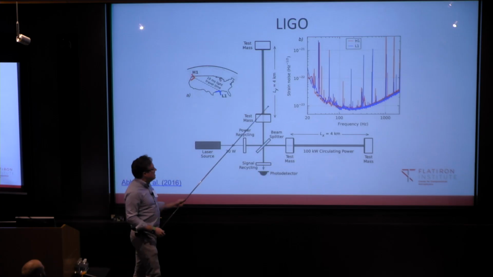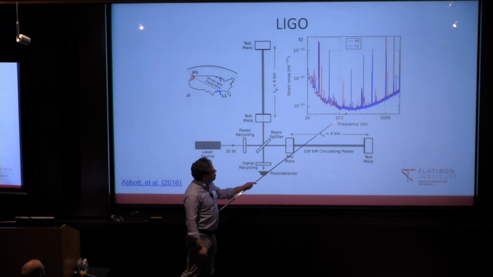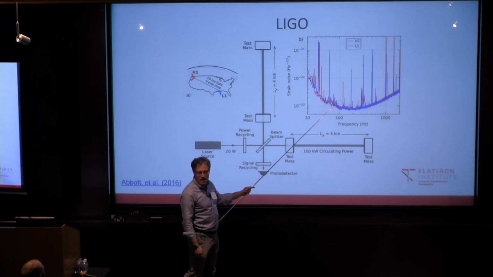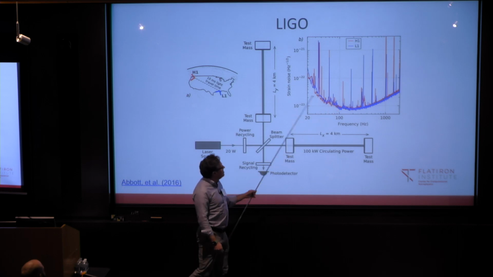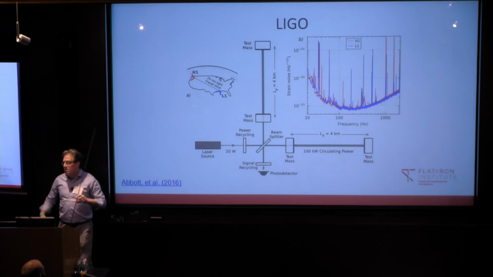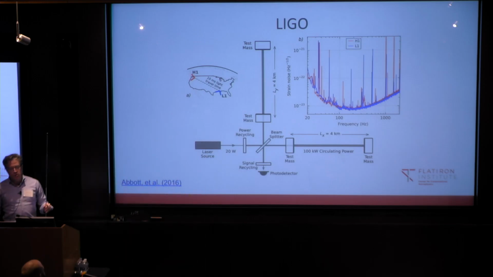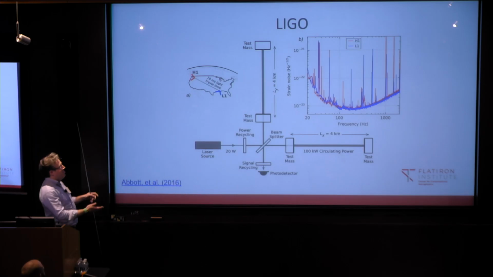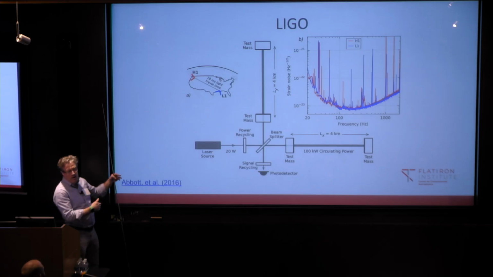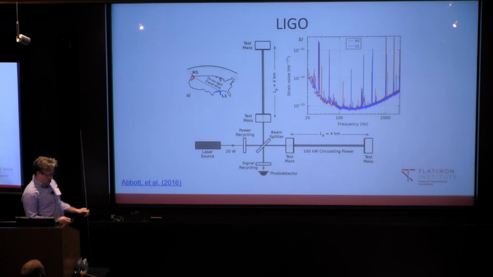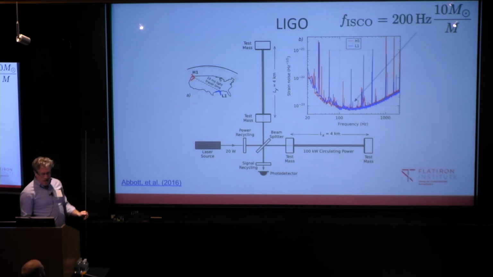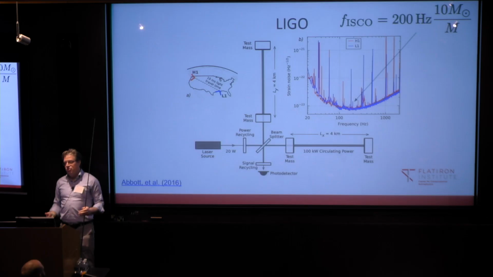You can see that at audio frequencies, my voice is somewhere here, right? At audio frequencies, the typical level of noise is 10 to the minus 23 delta L over L per root hertz. A 10 to the minus 23 fluctuation on a 4-kilometer long arm, you can do the math, it's really freaking tiny.